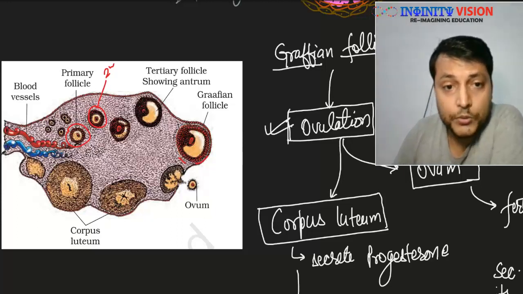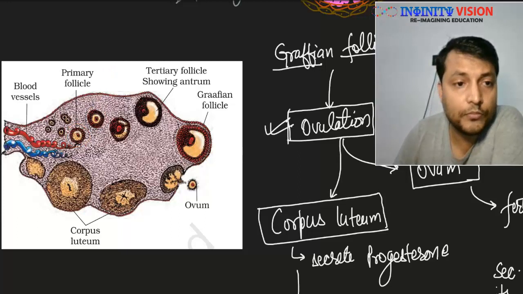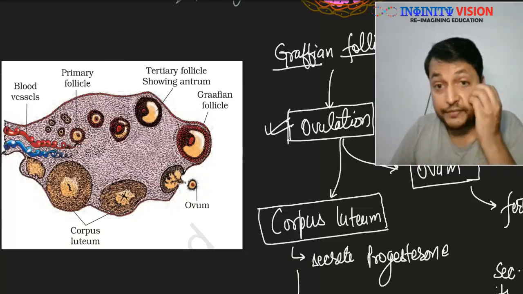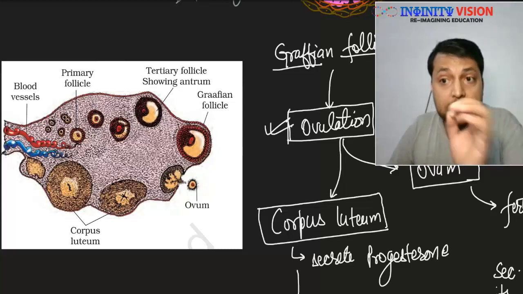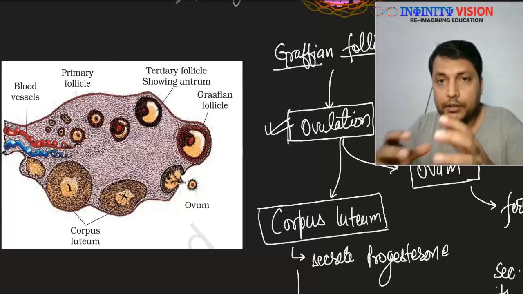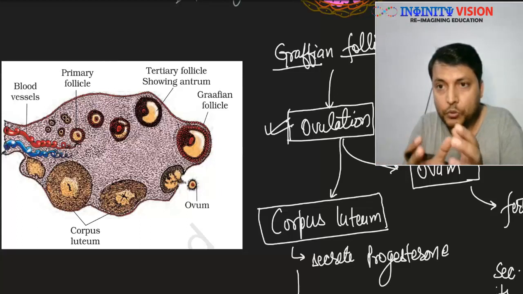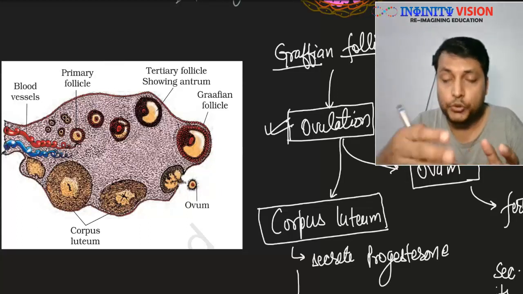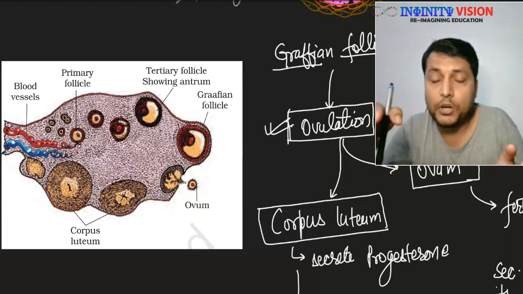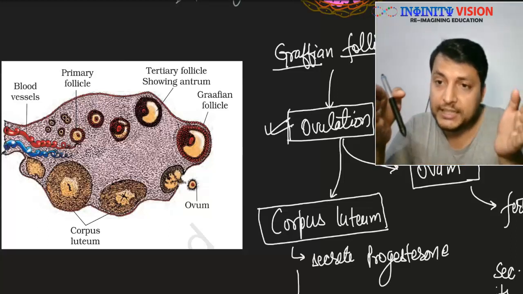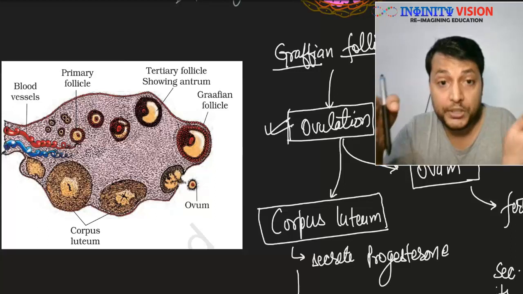So this is the Graafian follicle, and on day 14 of the menstrual cycle, because this whole process of maturation of one primary follicle into a Graafian follicle takes about 14 days. This is completed in 14 days.